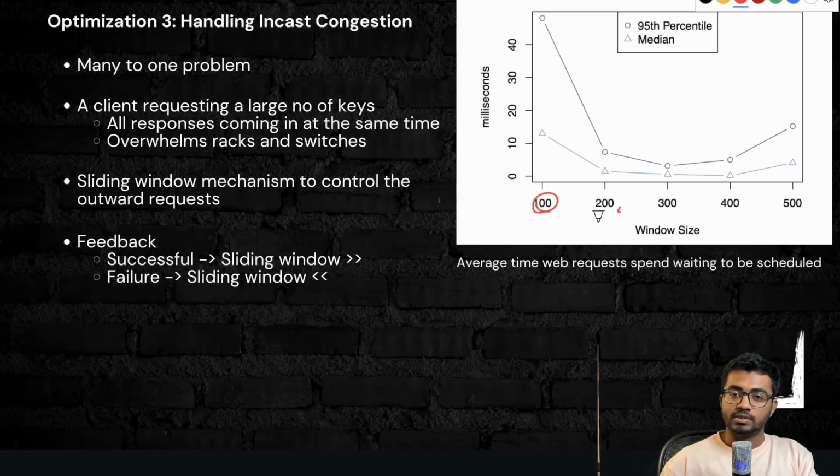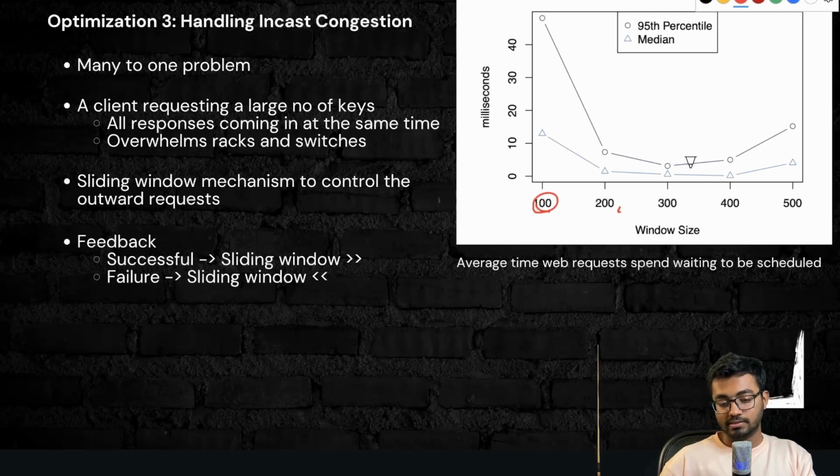As the window size increased, the waiting time decreased a lot, from around 45 to 50 milliseconds down to around 8 or 9 milliseconds just by doubling the window size. And then further doubling did lead to a decrease as well.